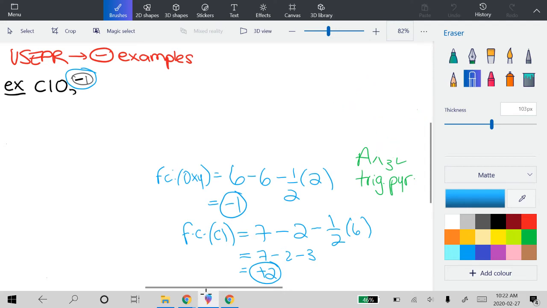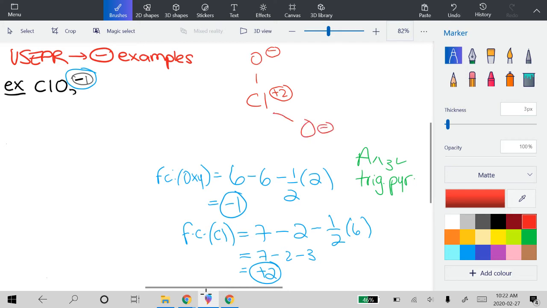So this is what we have so far. We have chlorine in the middle with a +2 charge on it, and oxygen around the edges with a -1 charge on it. So overall, it does give us a -1 charge because +2 minus 1 minus 1 minus 1 is a -1 altogether because it's like +2 minus 3.